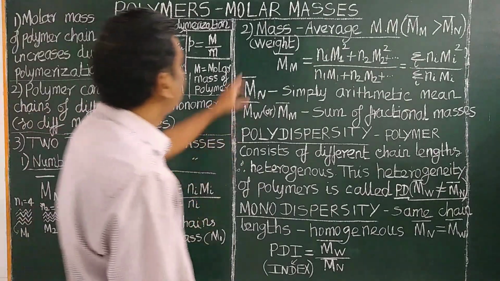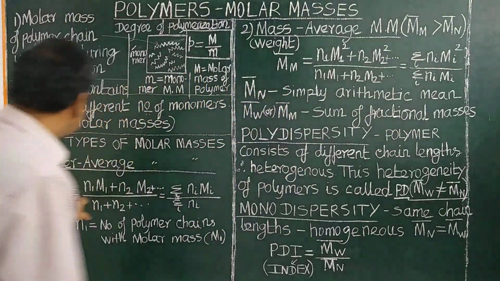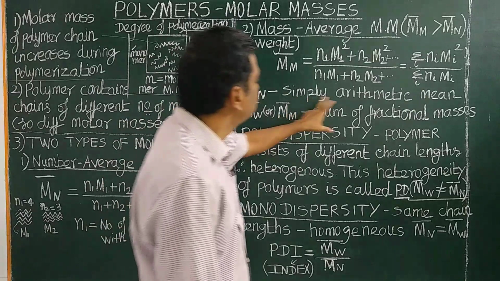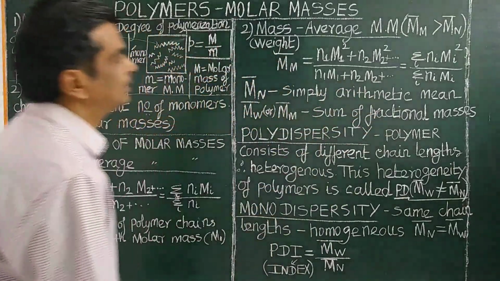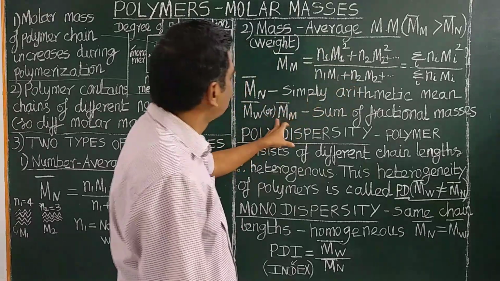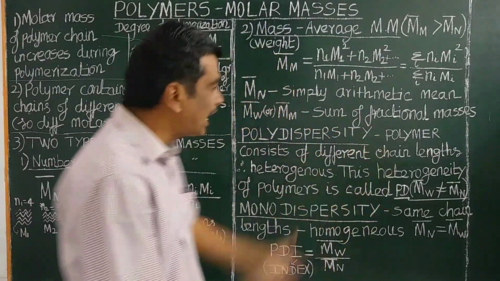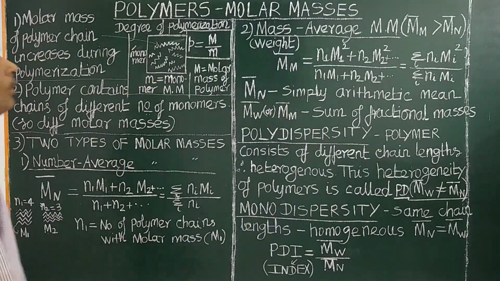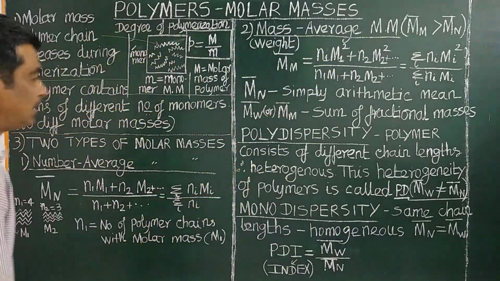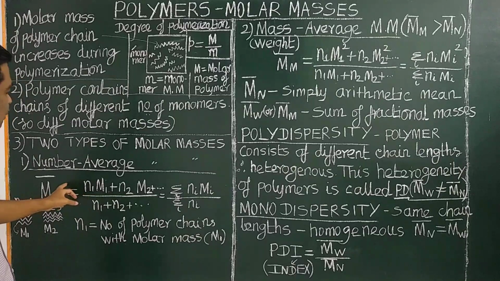Okay. Now let us see, this number average molar mass is simply the arithmetic mean. Whereas the mass average molar mass gives the sum of fractional masses. Now, how is the mass average molar mass calculated? The same.